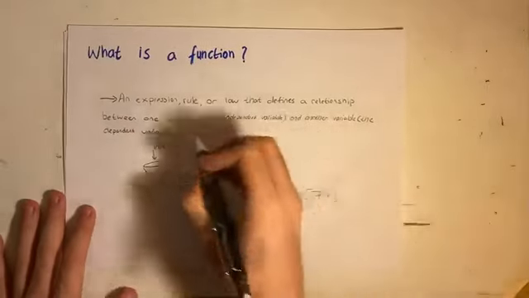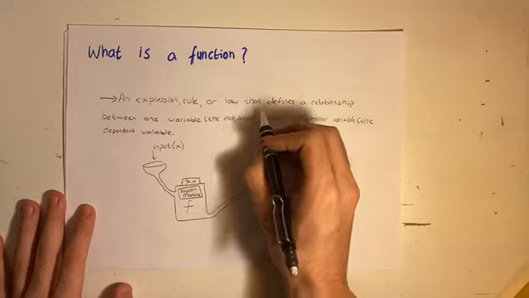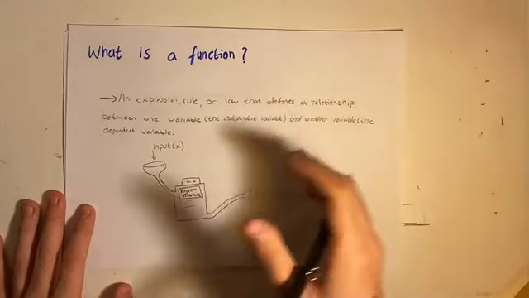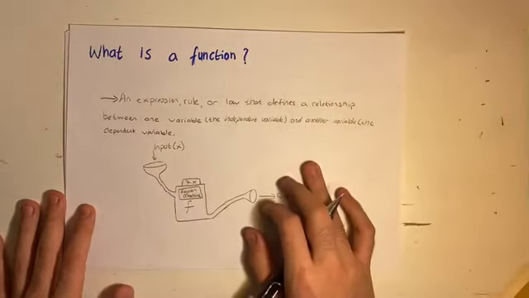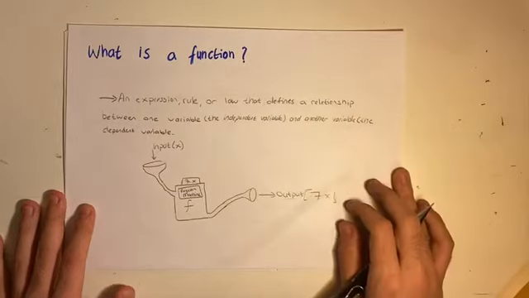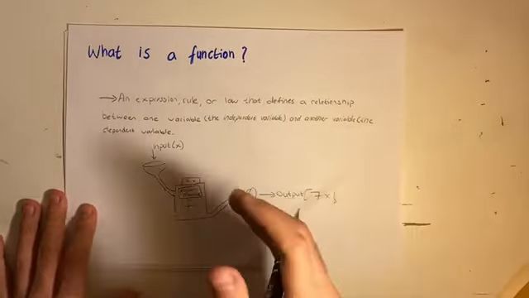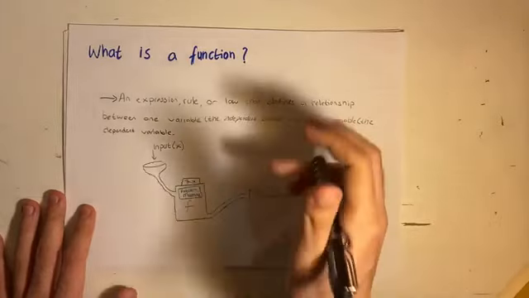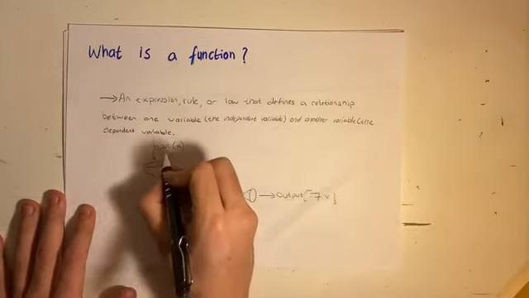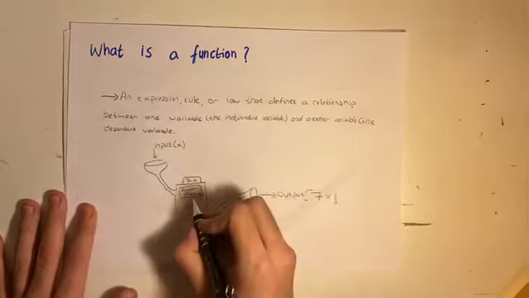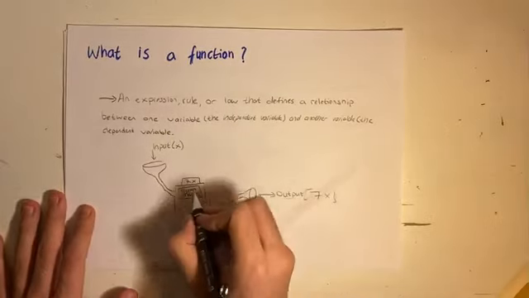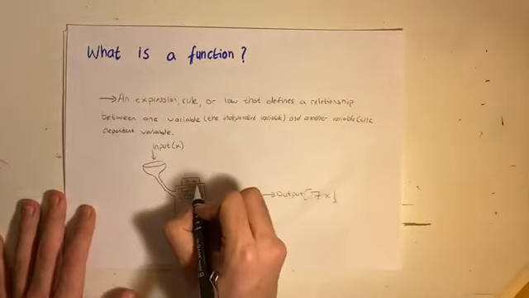Basically, a function is an expression, rule or law that defines a relationship between one variable, the independent variable, and another variable, the dependent variable. So what does this statement mean? Let's suppose a function is a function machine which has a rule of 7x.